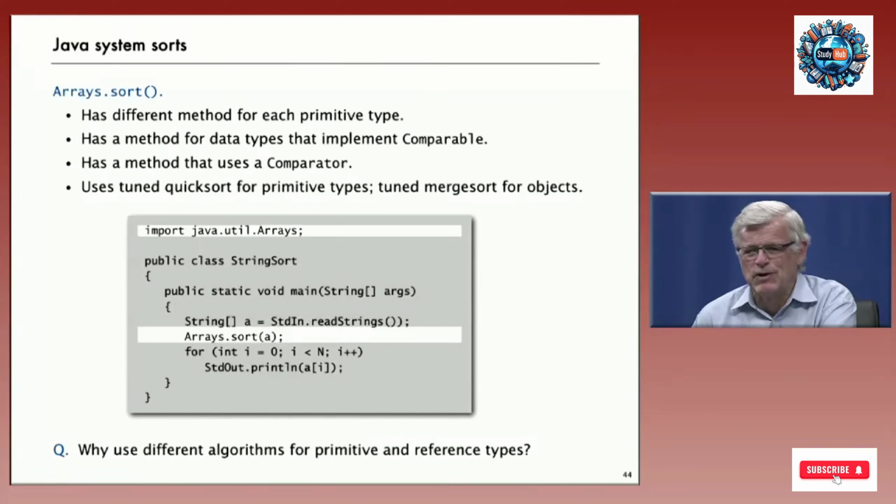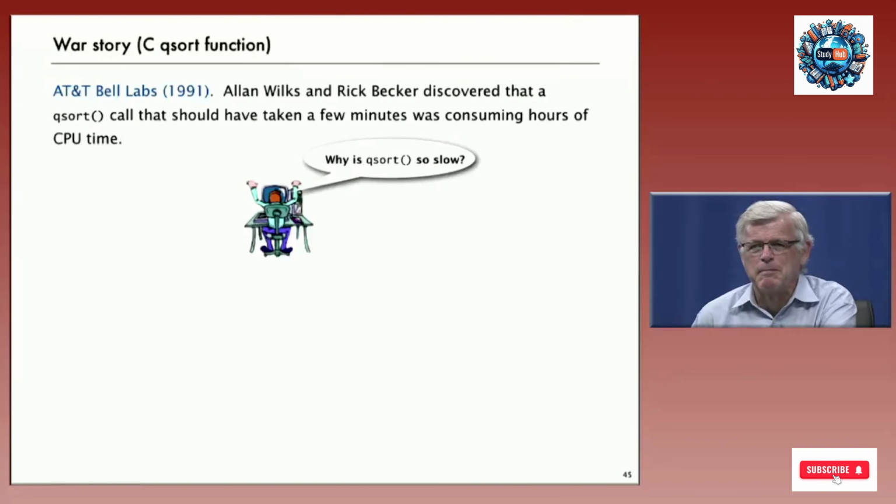I just answered this question, why do we use different algorithms for the two types? And this is maybe arguable. Now, I referred to this idea of a good system sort. There was a good system sort that a lot of people used for many years.